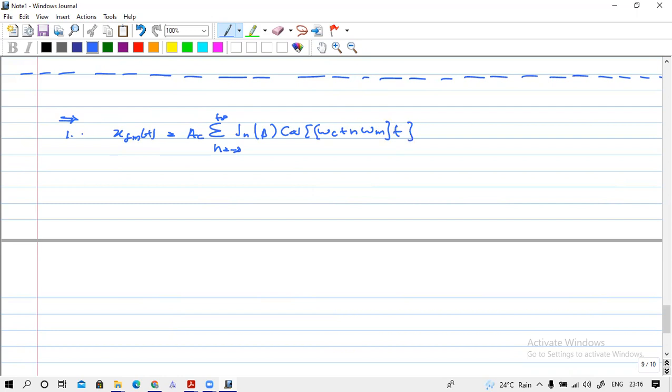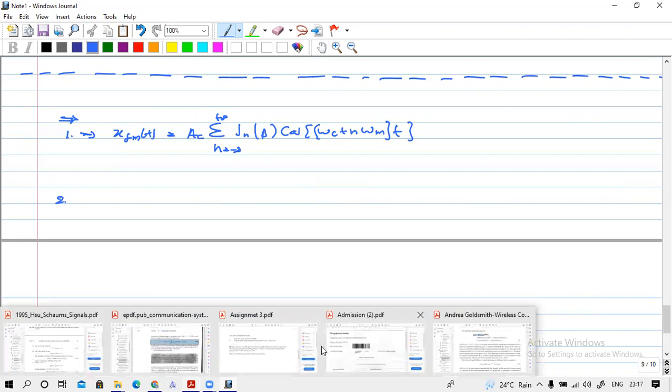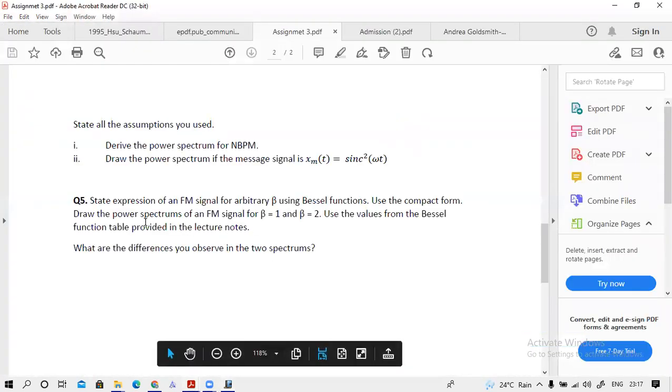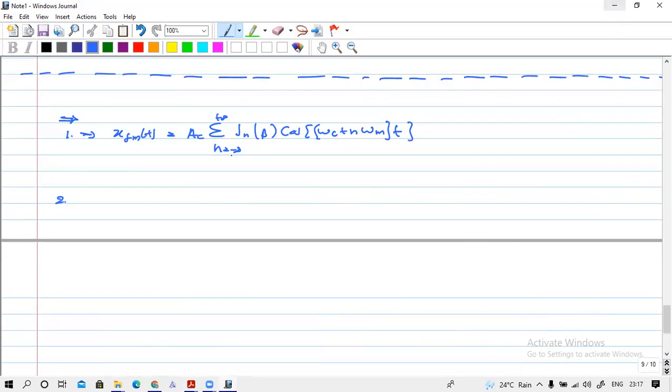This is the answer for our first question. Then we have to find the power spectrum, and draw the power spectrum for these two modulation indices.